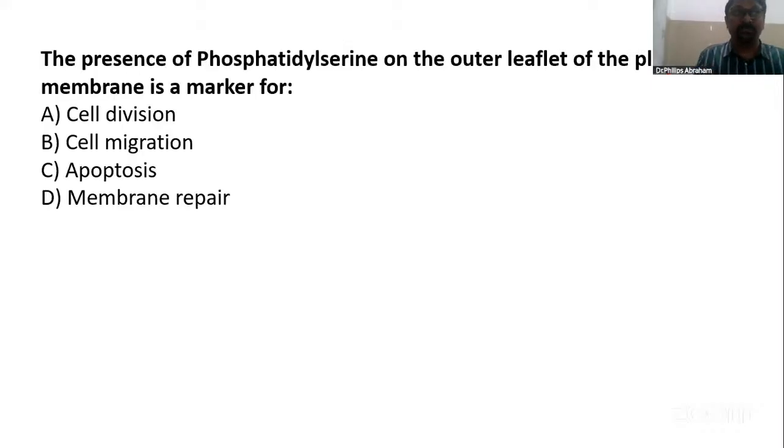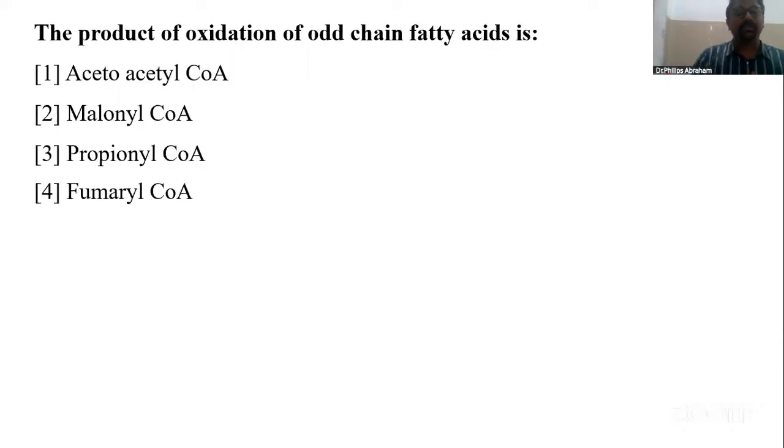So we said about essential fatty acid, and now phospholipid. The third topic: the oxidation of fatty acid. Normally our fatty acid, in almost all cells, undergoes oxidation and produces acetyl-CoA.